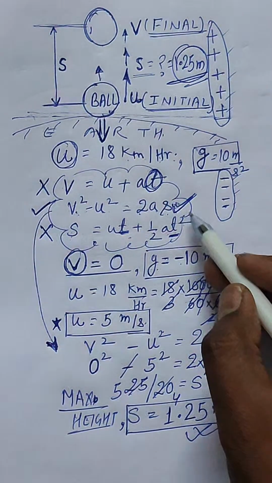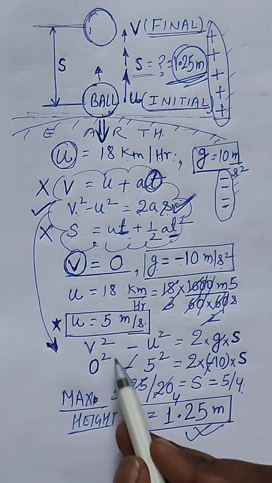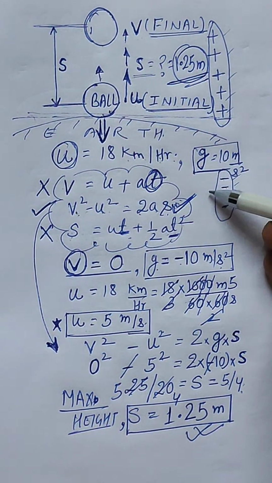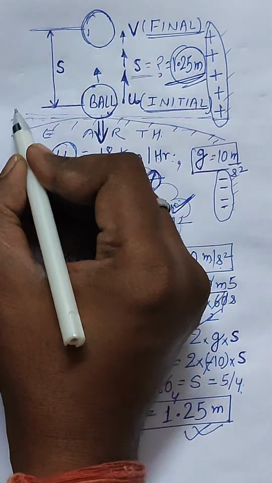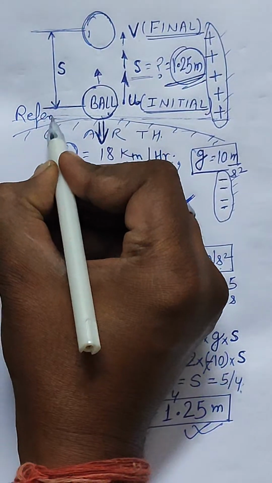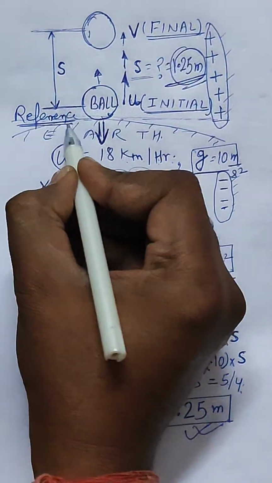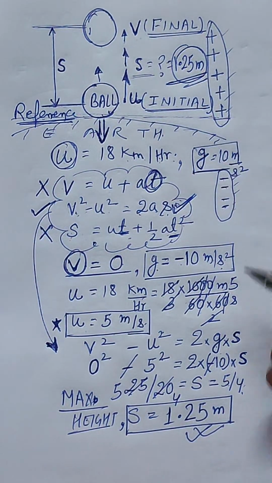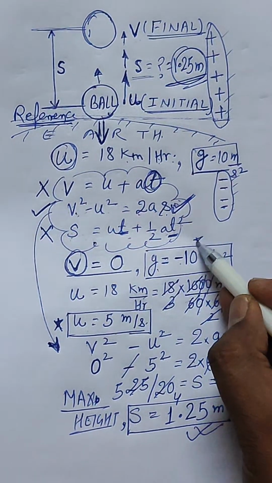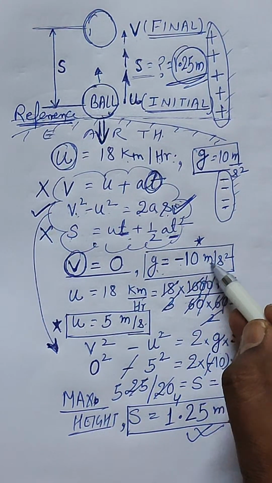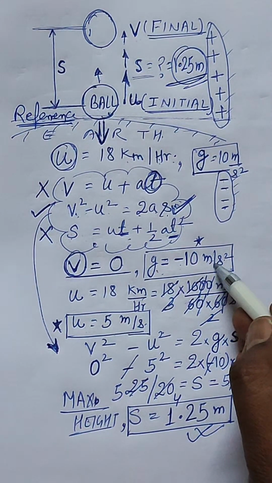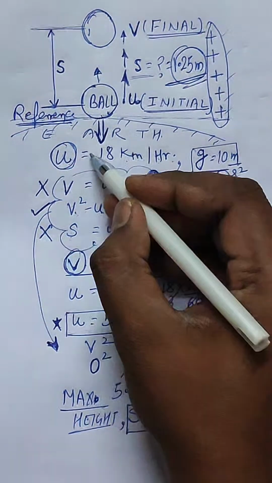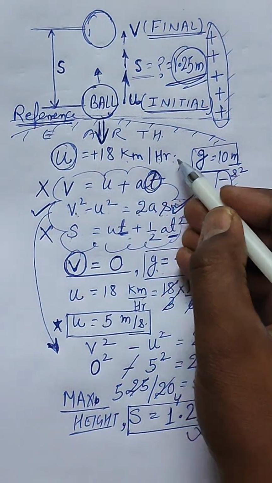So my dear friends, using this we put the values considering that g is acting downward. So considering this as a reference level from where the ball is kept, g is acting downward, so that's why the value of g is taken as negative, minus 10 meter per second square, right? And all the values above it, that is u is taken as positive, plus 18 kilometer per hour, right?